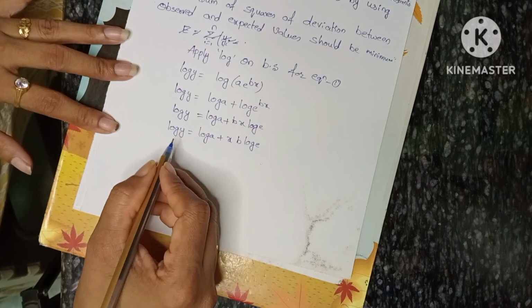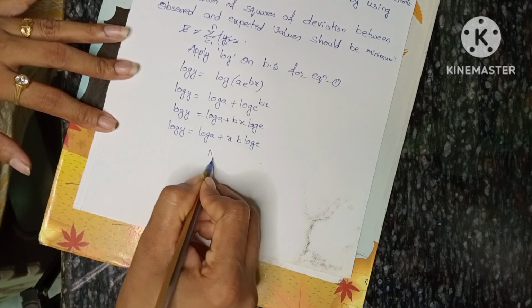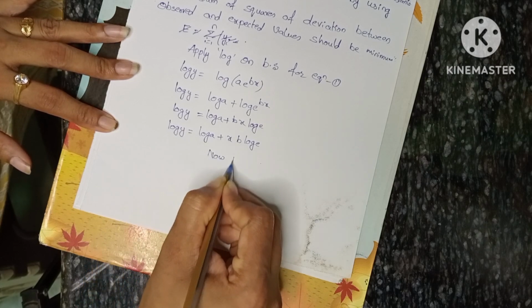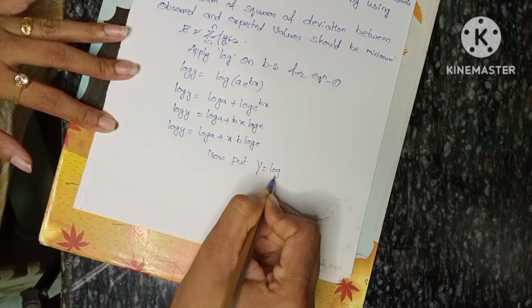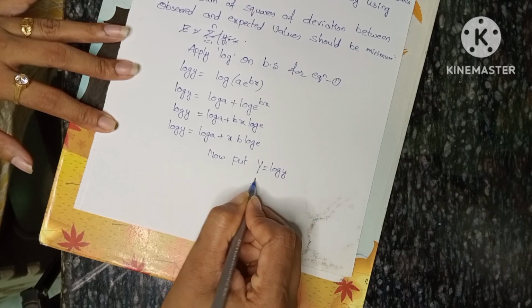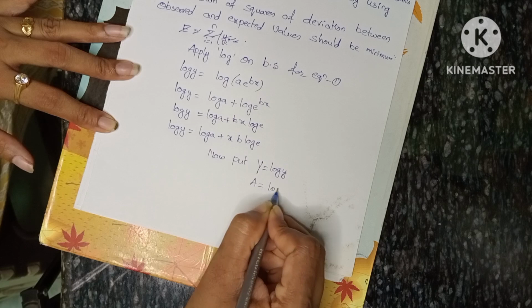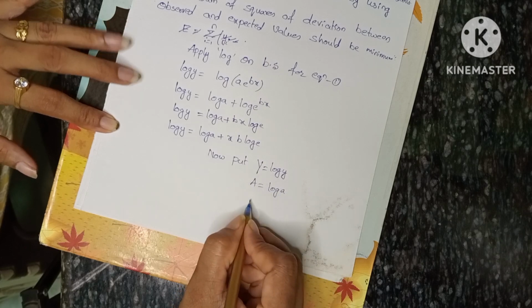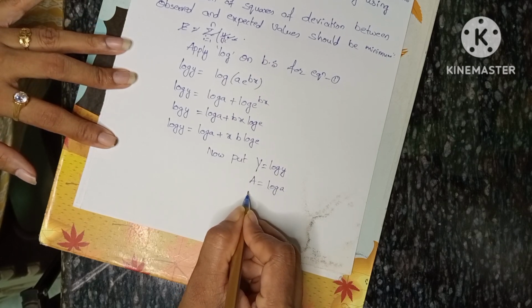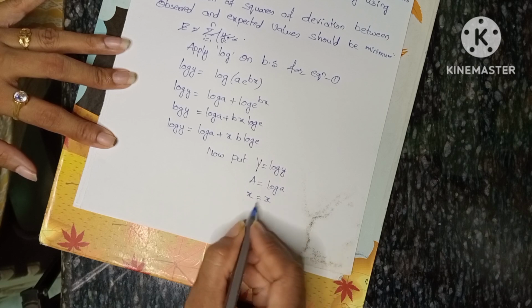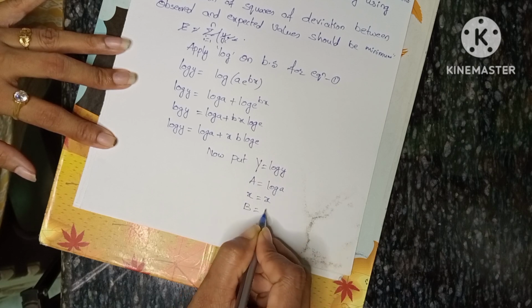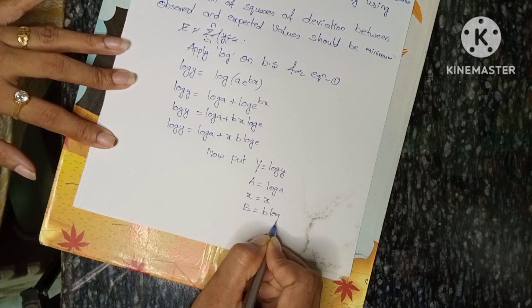Now what we have to do is put capital Y equals log y, capital A equals log a, small x equals small x only, and capital B equals small b log e.